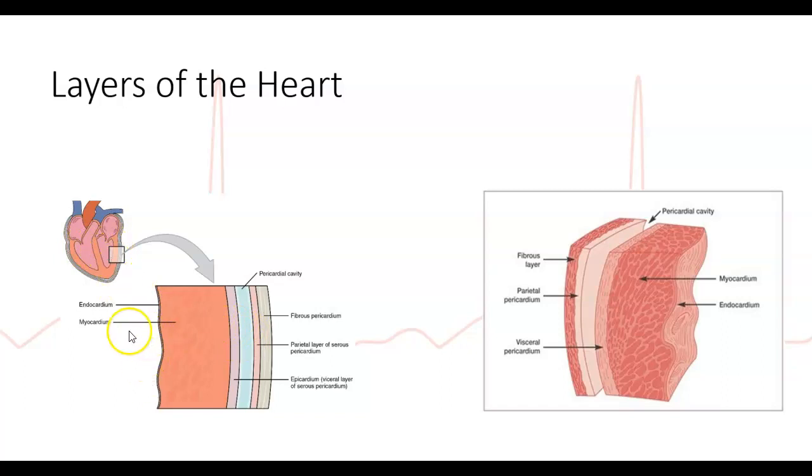So if we go again, we're going to depolarize, right? We send this electrical signal down through the SA node, the AV node, the bundle of His, then down to the bundle branches and the Purkinje fibers and all that, and we send that signal through to depolarize these cells, right? We're going to go from endo to myo to epi, and if we had a positive electrode over here, we're going towards that positive electrode.